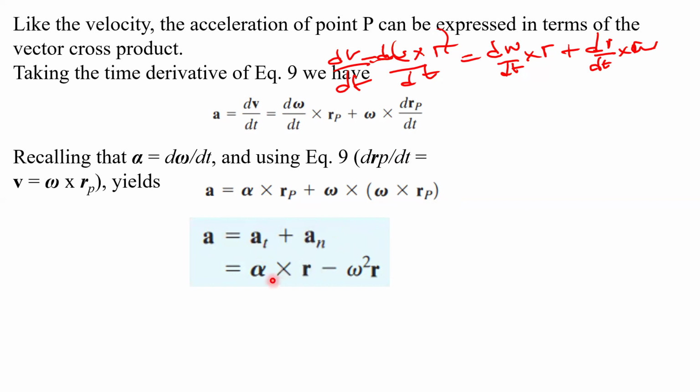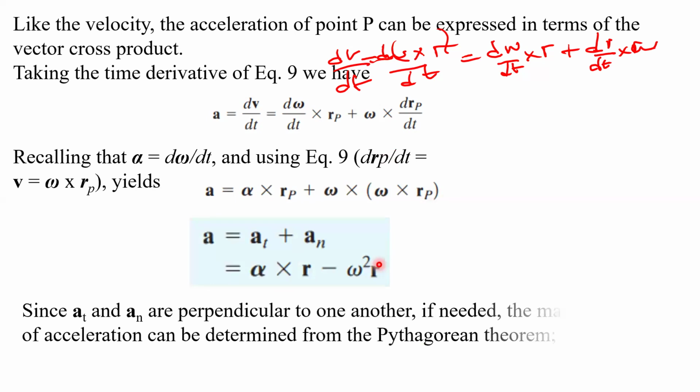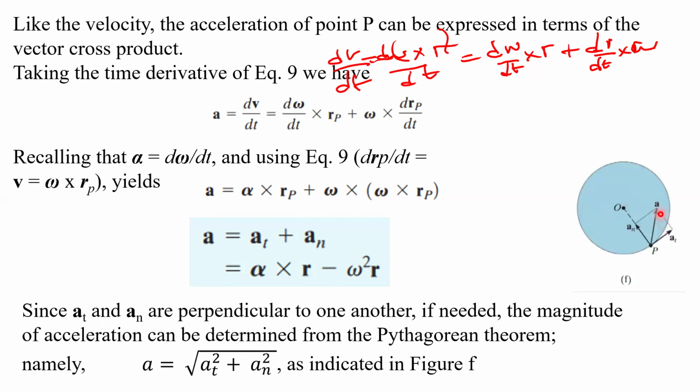The tangential acceleration is alpha cross r, then the normal acceleration, omega cross omega cross Rp, is minus omega squared r. Since tangential and normal acceleration are perpendicular to one another, if needed, the magnitude of acceleration can be determined from the Pythagoras theorem. So A is at squared plus an squared, which is indicated here.